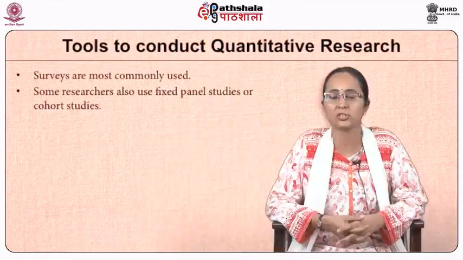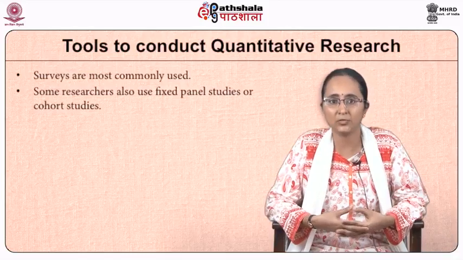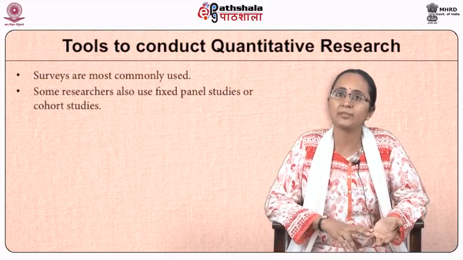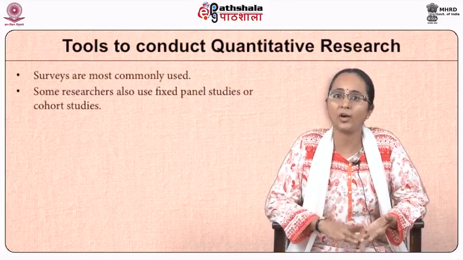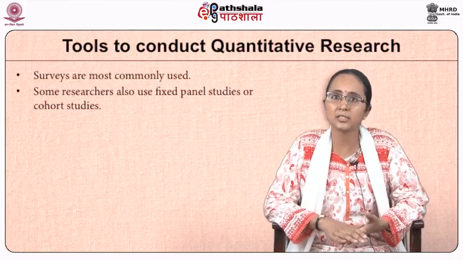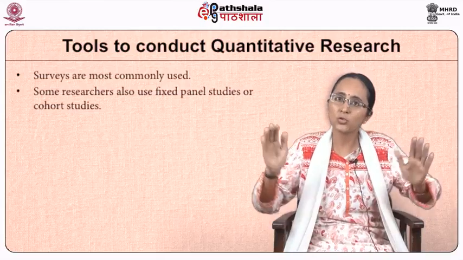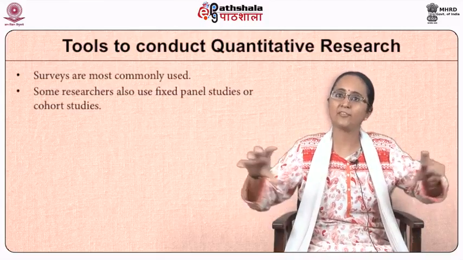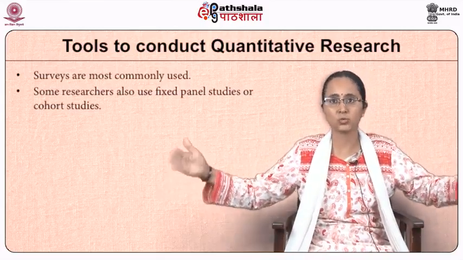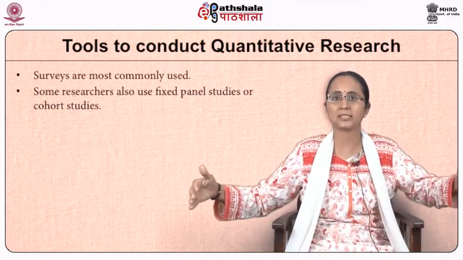Now, what are the tools you use to conduct quantitative research? The most common tool is the survey tool. This can be administered over phone, online, mail, in person, or you can ask the participant to self-administer it. So you do a pre-test kind of thing where both the groups fill in a survey.